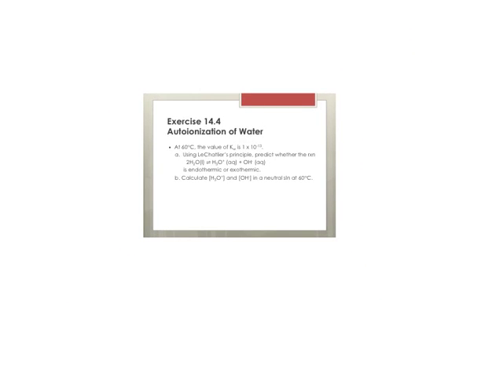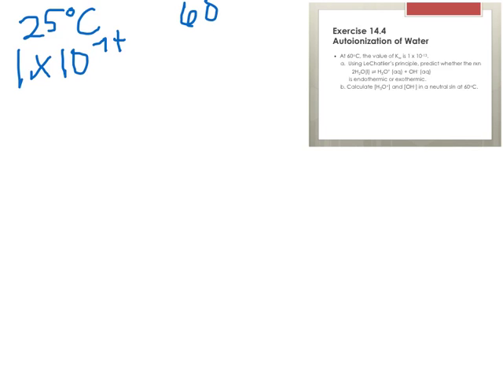So the first thing I'm going to write down is that at 25 degrees Celsius, we have our Kw as 1 times 10 to the minus 14. At 60 degrees Celsius, it's 1 times 10 to the minus 13.